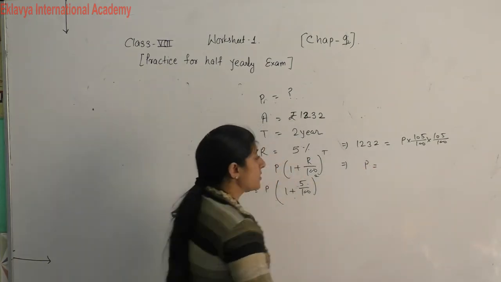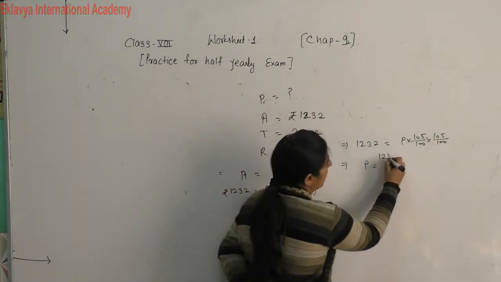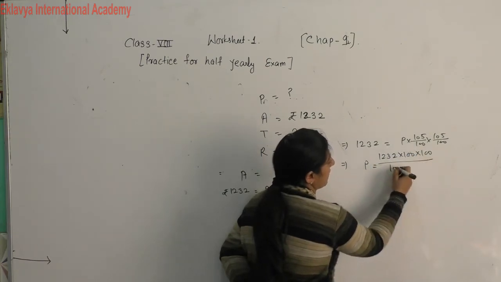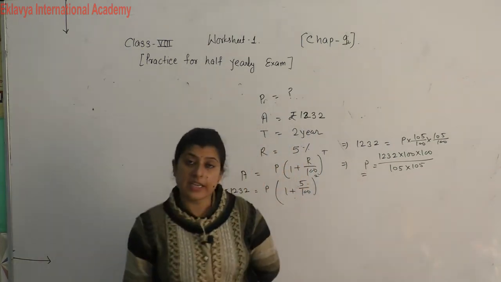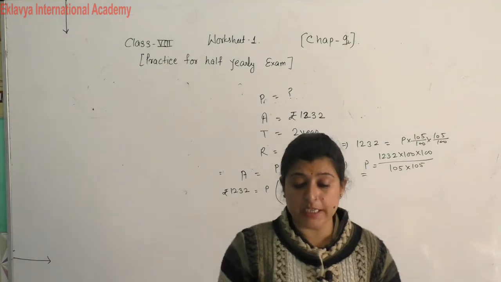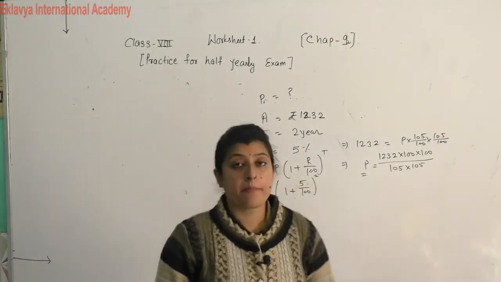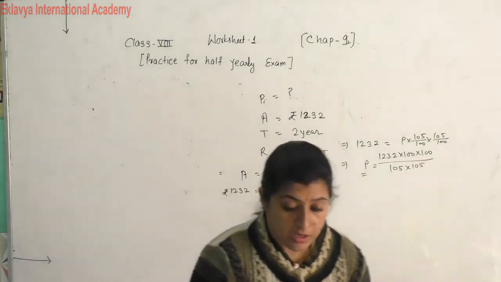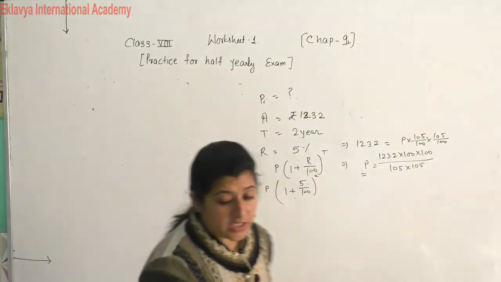Then do transpose it for solving it. 1232 multiply by 100 into 100 divide by 105 into 105. Then you will get your principal money, or we can say sum of money which invested in a bank to get sum of rupees 1232. Okay, now see next one.